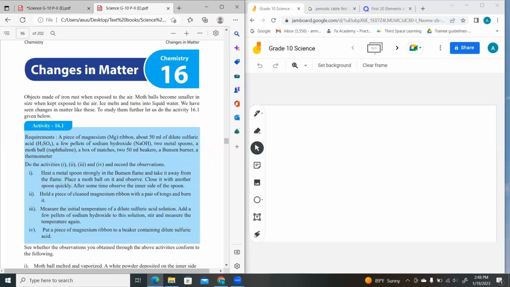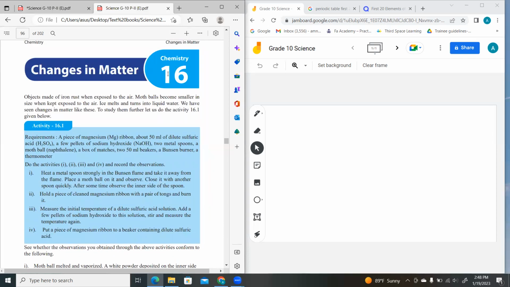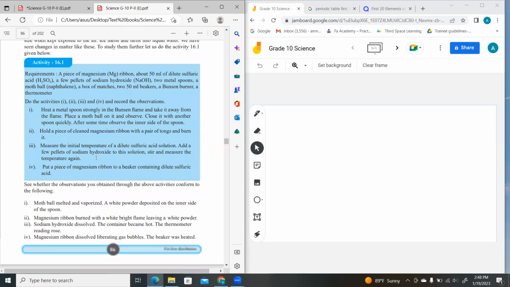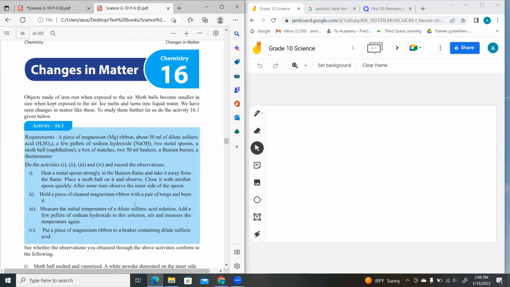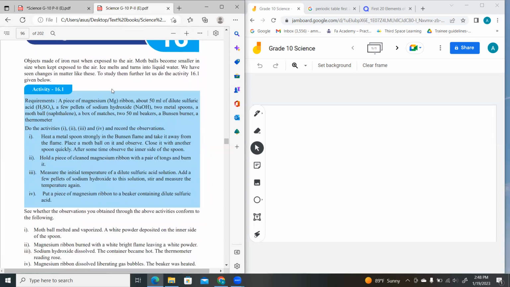When you go to page number 86, you can see this page, changes in matter. Here, you can read the lesson. They have given activities for y'all to read and get an understanding. When they say a piece of magnesium ribbon, magnesium is a metal. You must have learned that when you learnt about the periodic table.